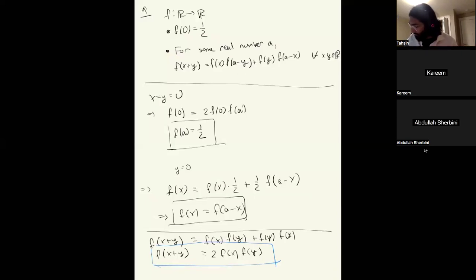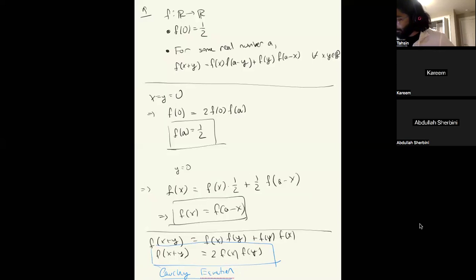Great. So now I'll make a remark that this is something that's called a Cauchy type equation. Can you see what I wrote? I think you can, right? Yeah. So this kind of equation is called a Cauchy type functional equation. So why do I say that? Yeah.